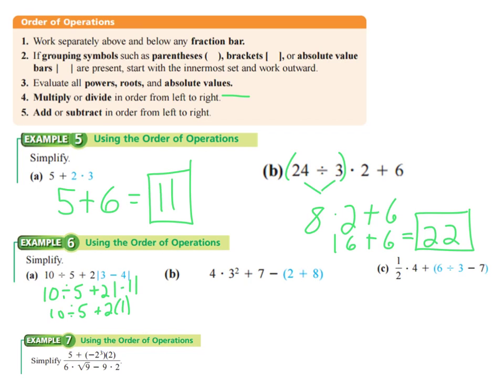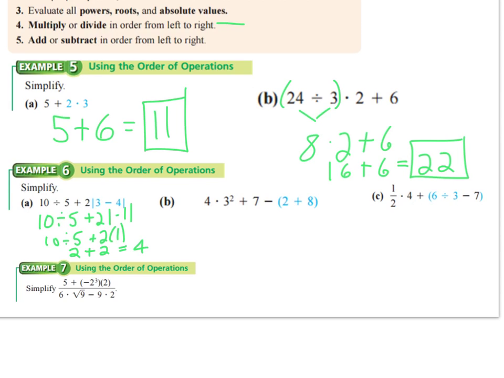So we've got division, addition, and multiplication. Since the division and multiplication are separated by an addition, we can actually do those at the same time. We get 2 plus 2. Of course, that then turns out to be 4.